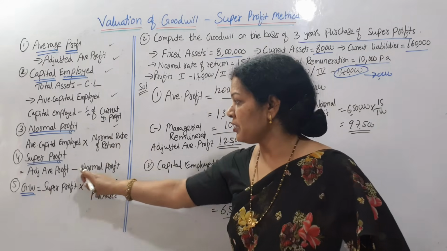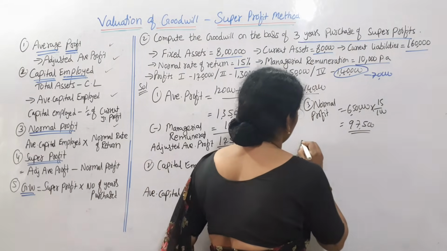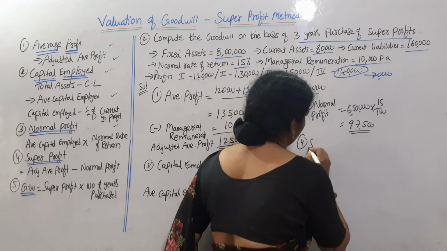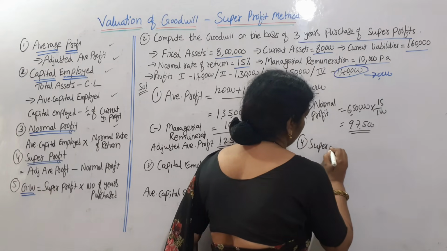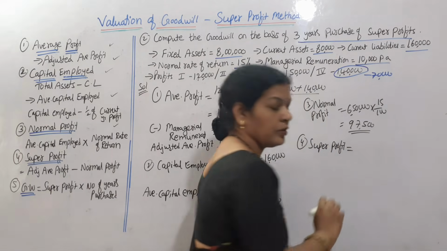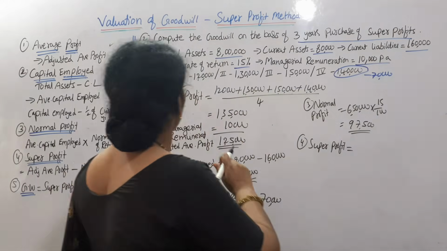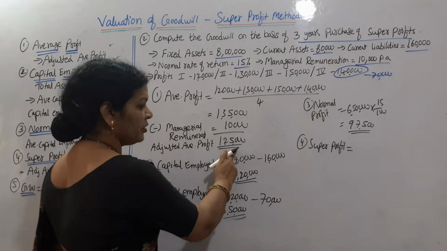Super profit is adjusted average profit minus normal profit. Super profit next. To get super profit, adjusted average profit. Adjusted average profit, where it is? It is here.